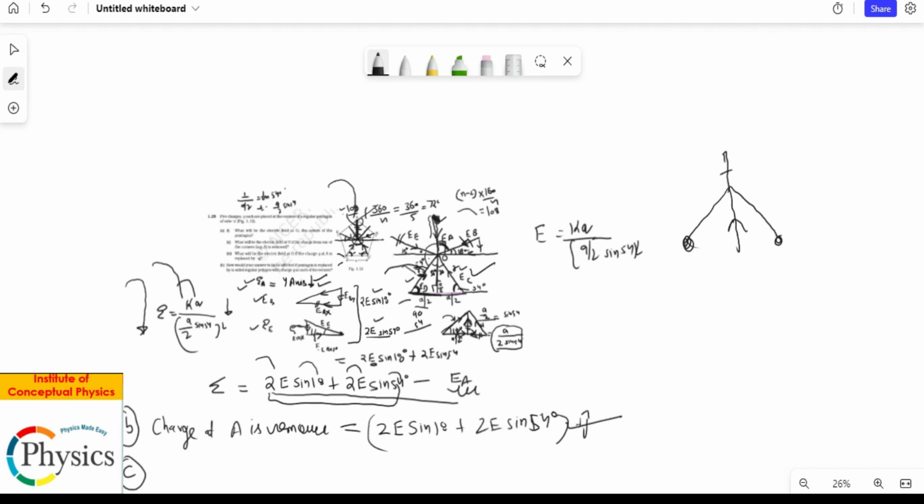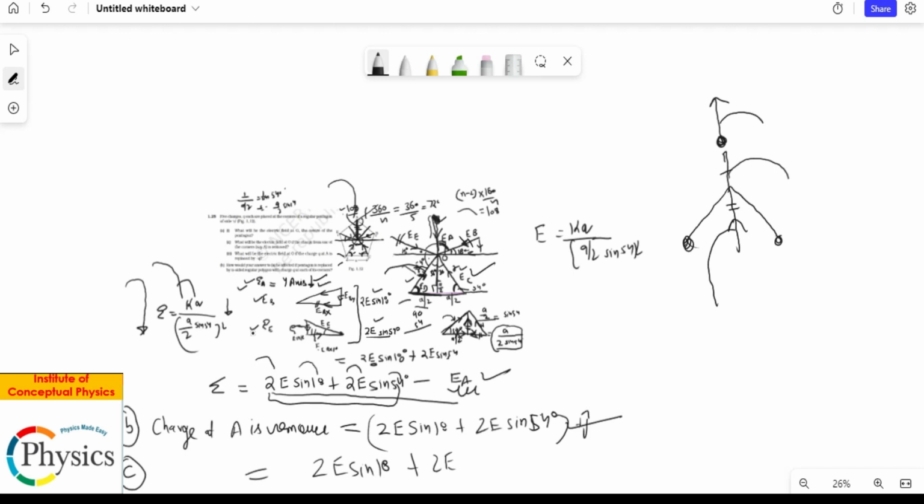So the two are getting added, and now at A, the electric field again is towards the A, which is upward, right? So you have 2e sin 54, you have 2e sin 18, and you have one more e which will get added. So if I just refer to this expression, the 2e sin 18 is still there.